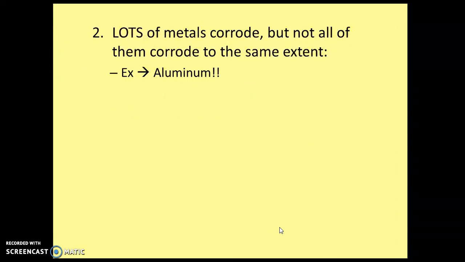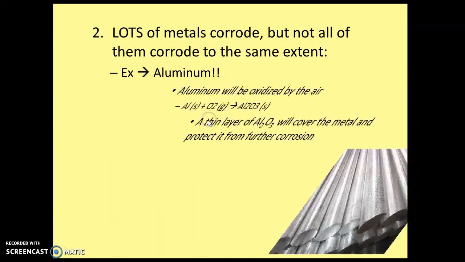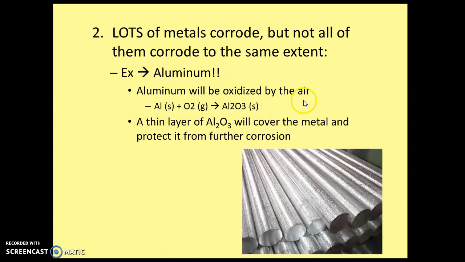Lots of metals corrode, but not all of them corrode the same. For example, aluminum. Aluminum will be oxidized by the air, so aluminum reacts with oxygen to make aluminum oxide. A thin layer of aluminum oxide will cover the metal and protect it from further corrosion. So unlike iron, which just keeps rusting away, aluminum just gets a nice thin layer and then it stops corroding. That's why it's pretty nice to use.